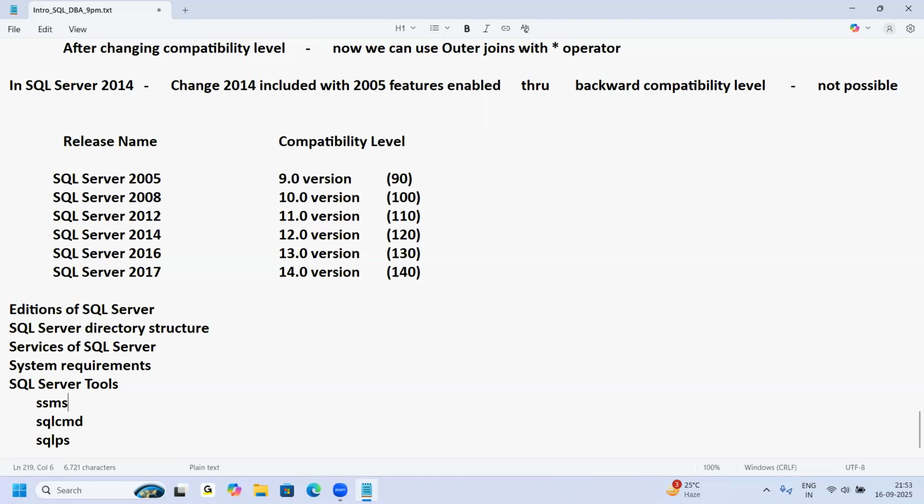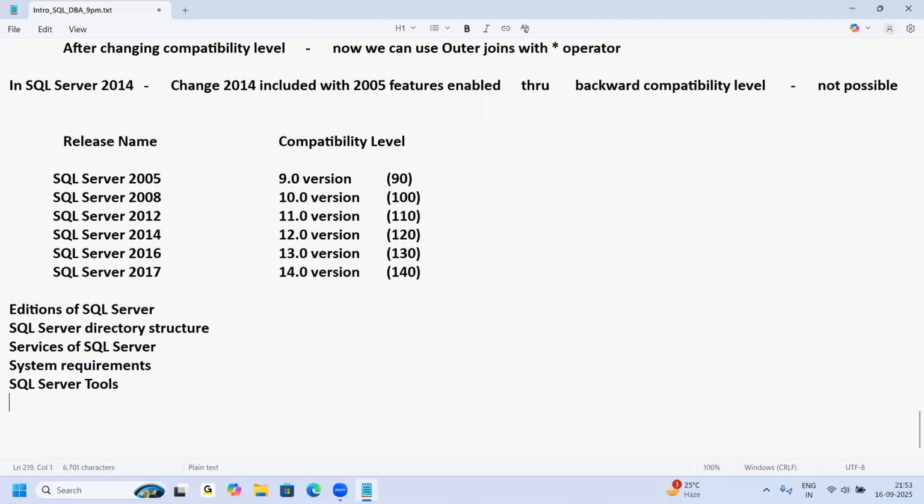We prefer to work with Management Studio because it is user-friendly. But some topics in administration mandatorily require knowledge of SQLCMD, and some topics I'll cover with SQLPS, that is, SQL PowerShell.